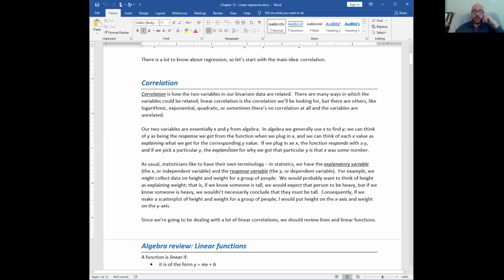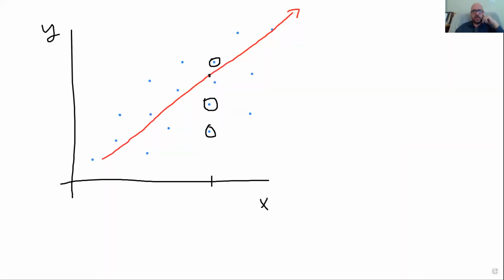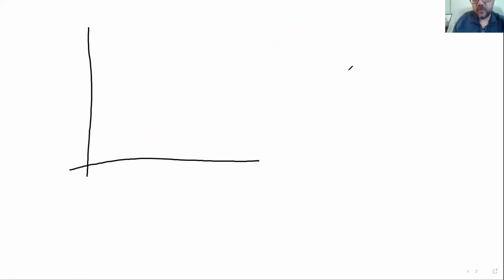There can also be no relationship. So for instance, if you see a set of data that looks like this, same sort of shape here, but the data looks like that, I would not say that there's a particular trend in this data, right?